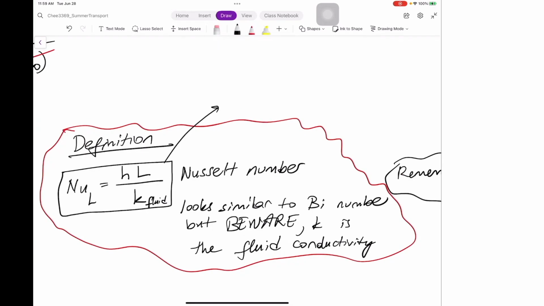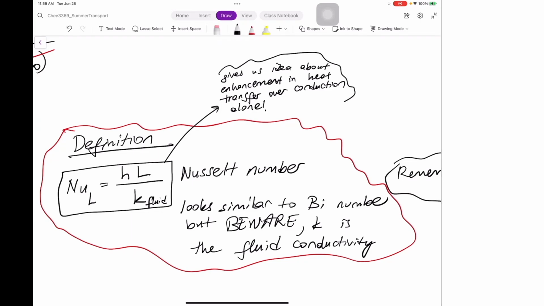It gives us an idea about enhancement in heat transfer over conduction alone. What does it mean?